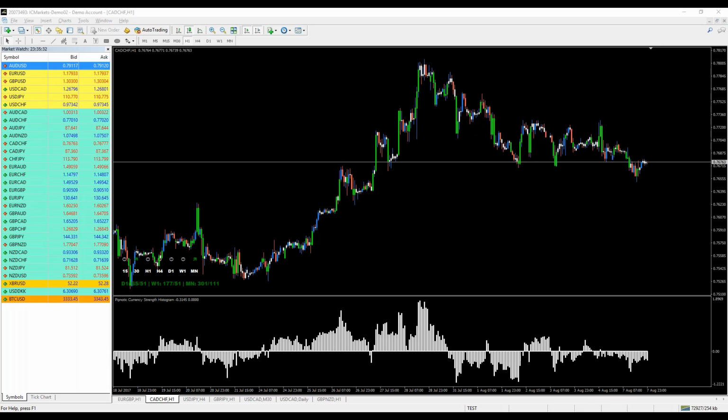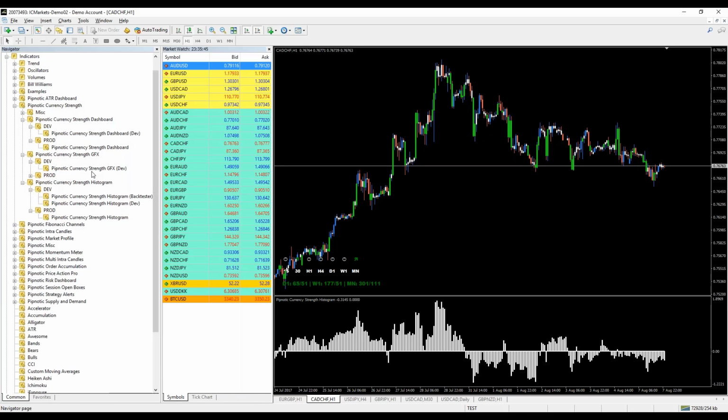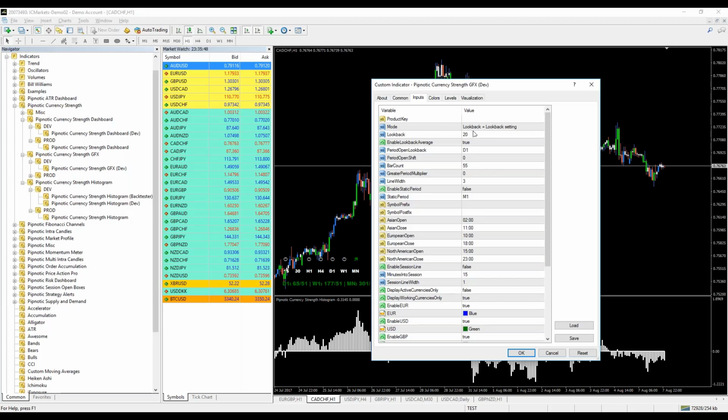Okay, so the histogram is nothing more than an indicator that's showing us the difference between the two currencies that are on the chart. Just to illustrate this, I'm going to add another version of an indicator.